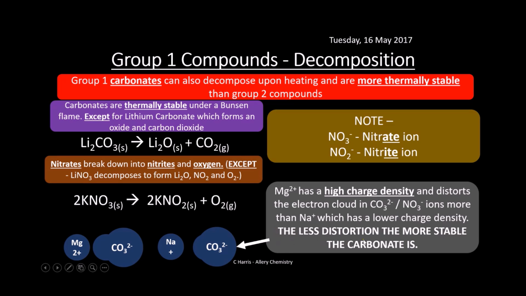The less distortion, the more stable the carbonate is. So sodium carbonate is much more stable than magnesium carbonate. It's all about the distortion of the negative molecular ion, which is the carbonate. Just remember that. It's all about charge density. It's pretty tricky stuff, that.